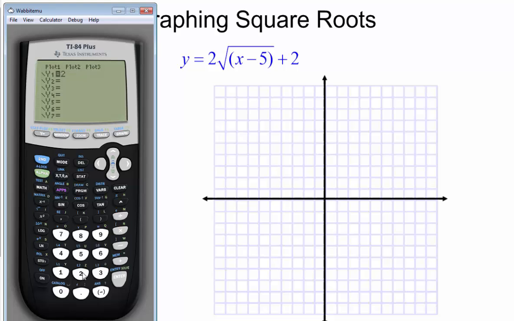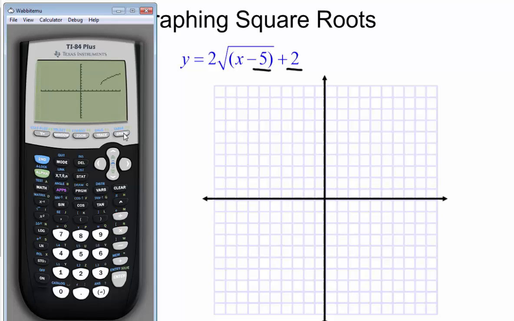So we've got 2 times the square root of x minus 5 plus 2. Again, I'm going to go ahead and look at my graph. Even though I know where my vertex is going to be, it will be at 5, 2.